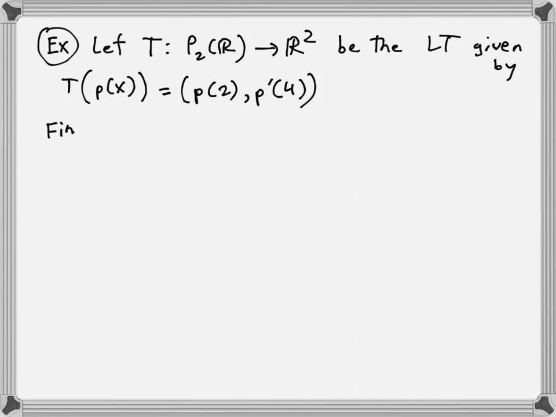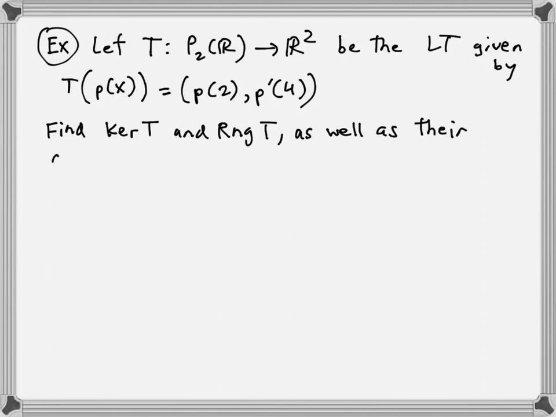So the directions are to find the kernel of T and the range of T as well as their dimensions. So let's go ahead and do the kernel of T first, okay?